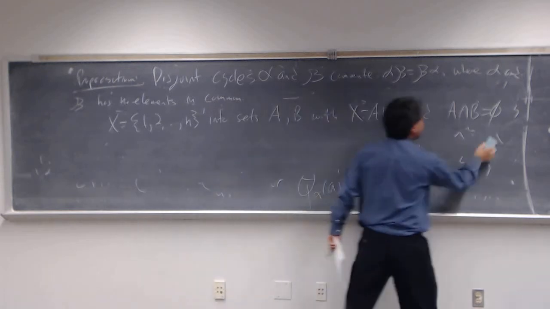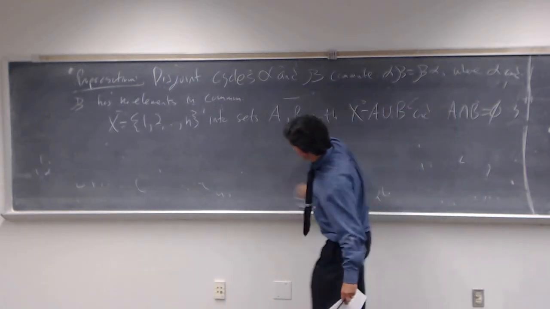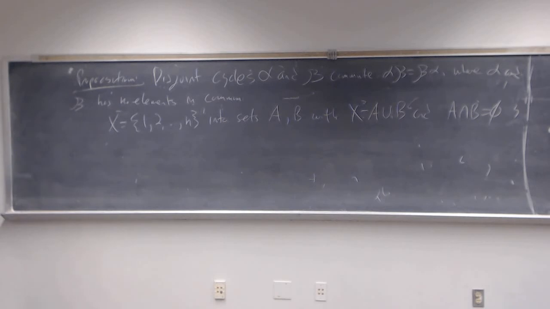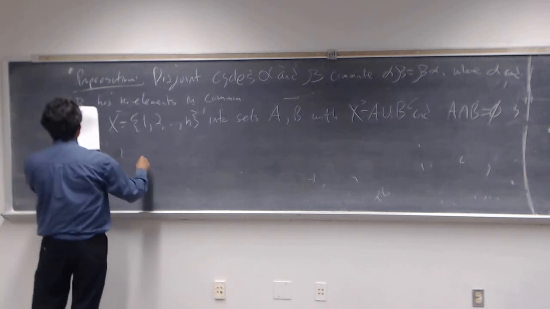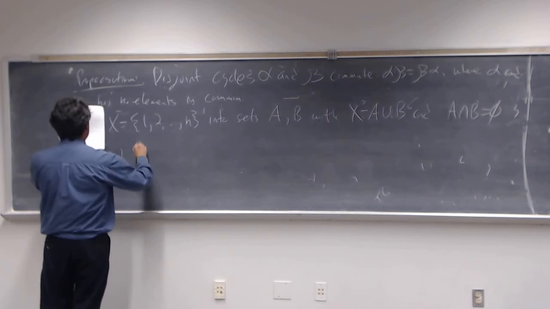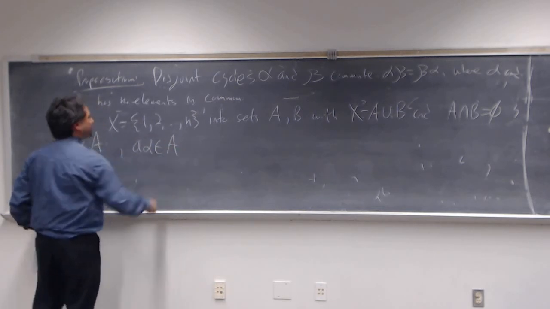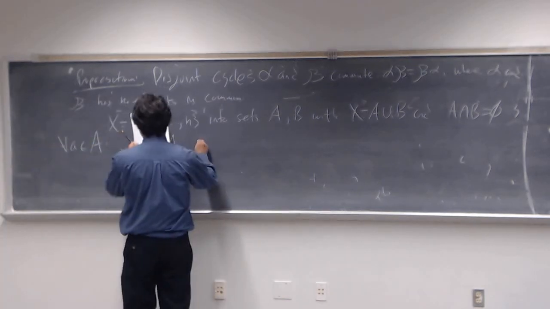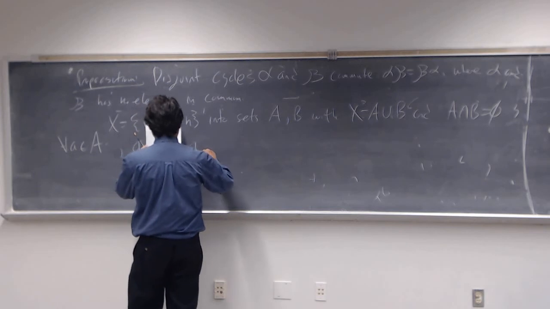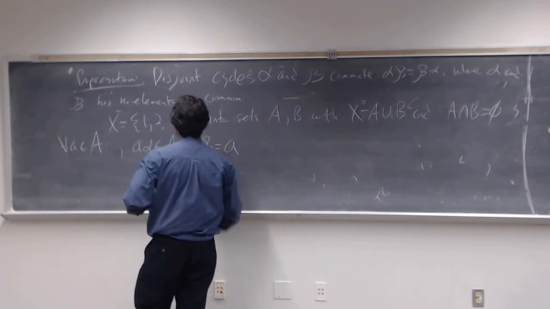So what property do they have? Remember, if we don't see an element in a cycle, that means it's fixed. So for all a in A, alpha of a stays in A. Either alpha of a is fixed by alpha or it's in the orbit. And if I apply beta to a, I would just get a.